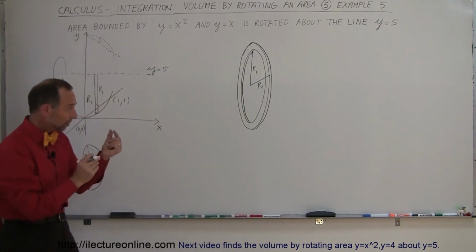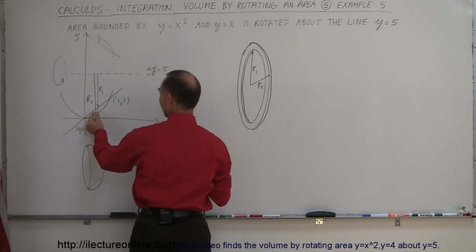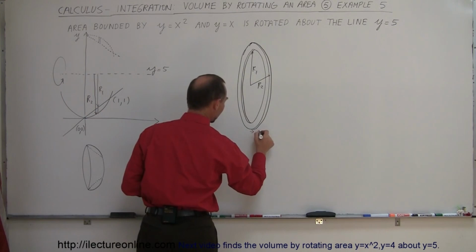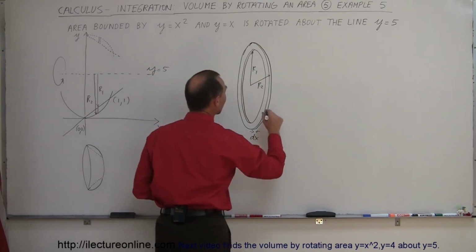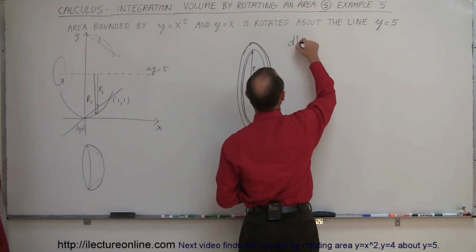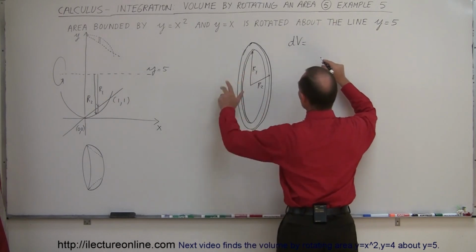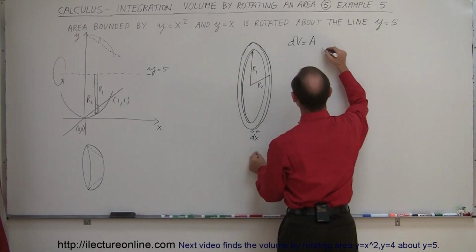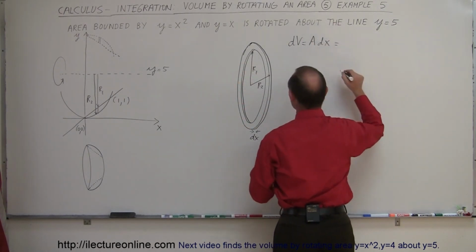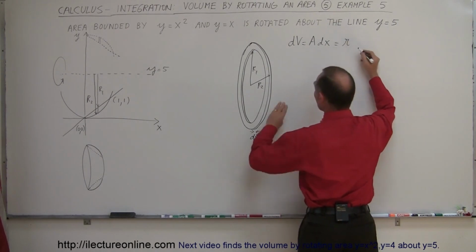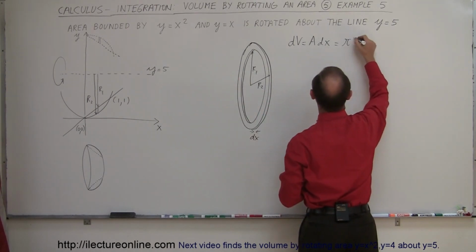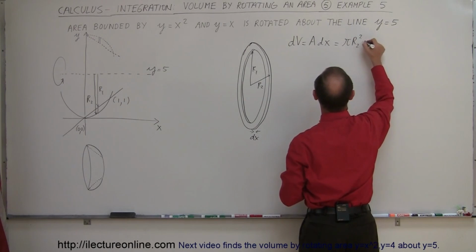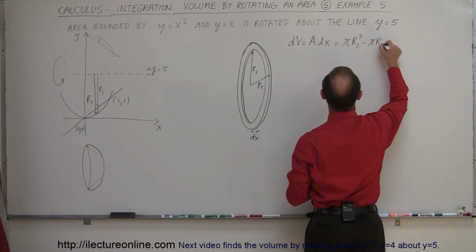And so the thickness of that washer would be a small little dx, in such a way that the volume, dV, would be equal to the area of that washer times the thickness, which is dx. The area would be the area of the outside dimension, that would be pi times R2 squared, minus pi times R1 squared.